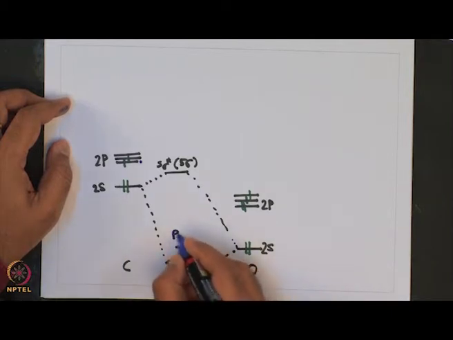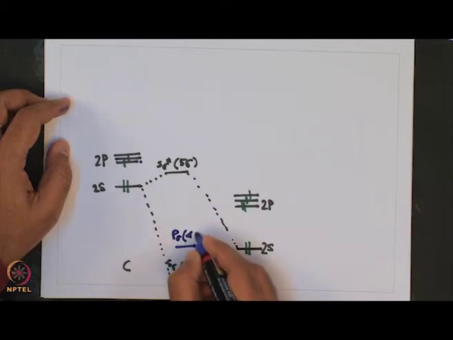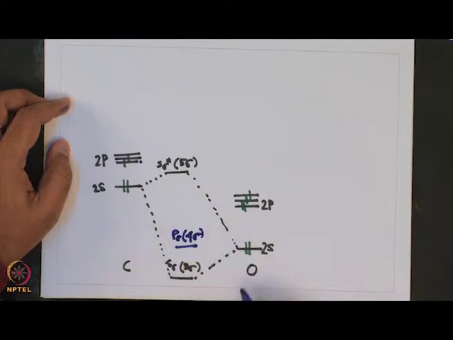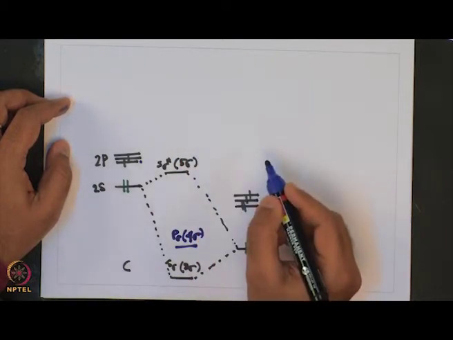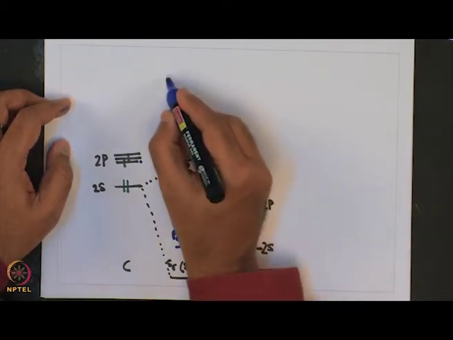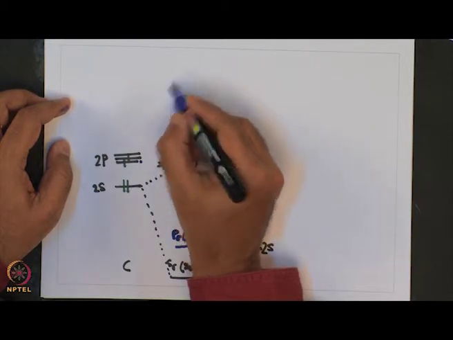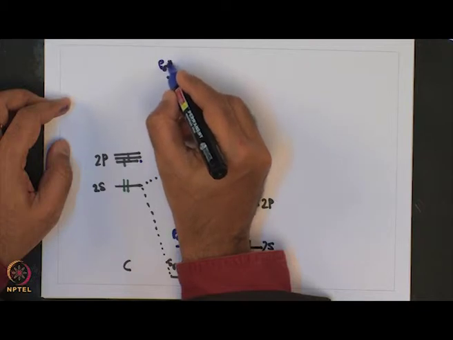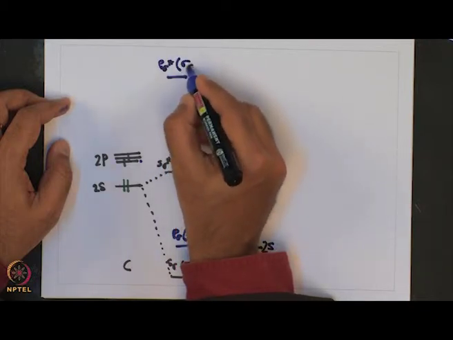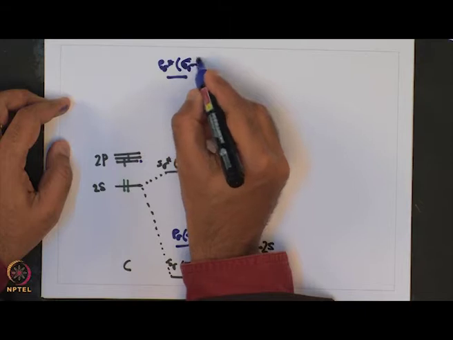This is the p sigma or 4 sigma orbital, and that gives a p sigma star or 6 sigma orbital.